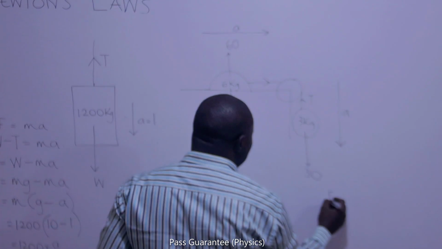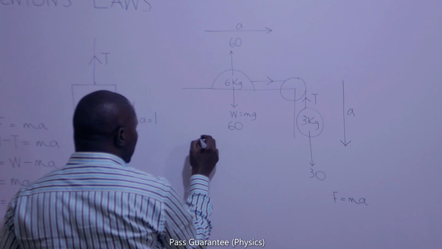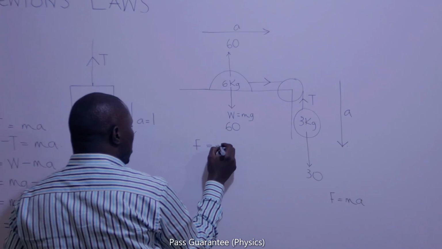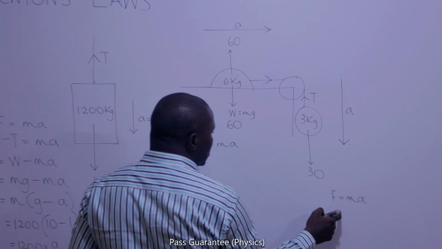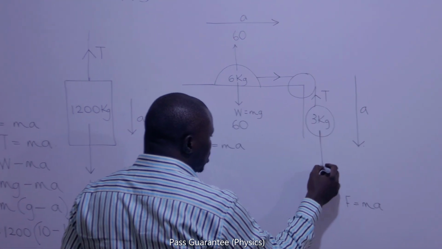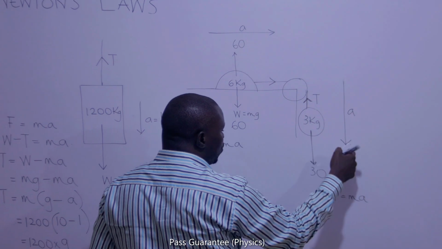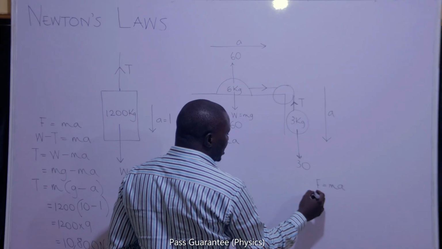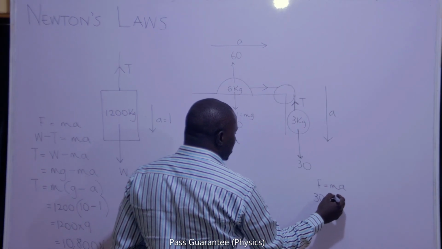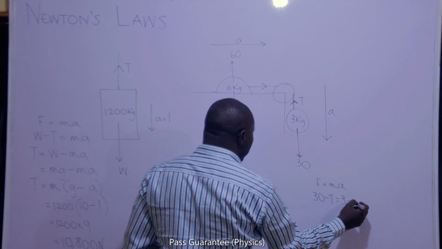So I can write my F is equal to MA for the 3 kilogram object, and I will also write it for the 6 kilogram object. For the 3 kilogram object, 30 is the resultant force, and there are two forces on it, 30 and T. Because I assume that it is falling, 30 minus T is equal to M, the mass, which is 3, multiplied by A.